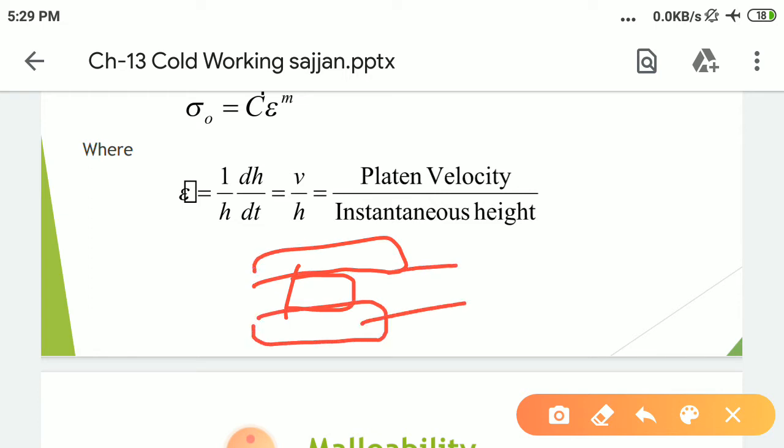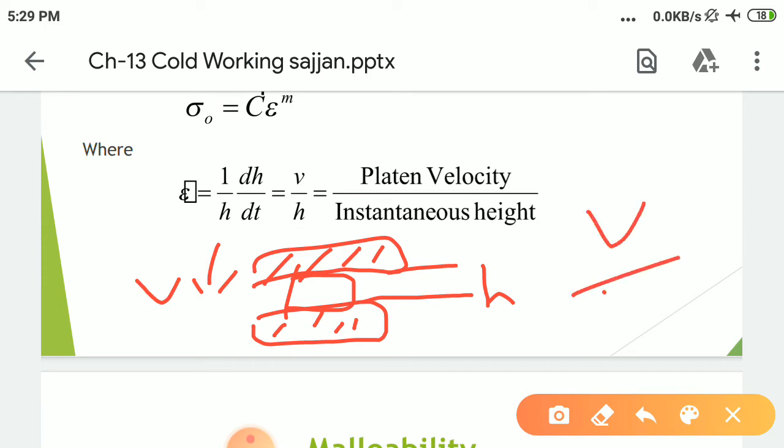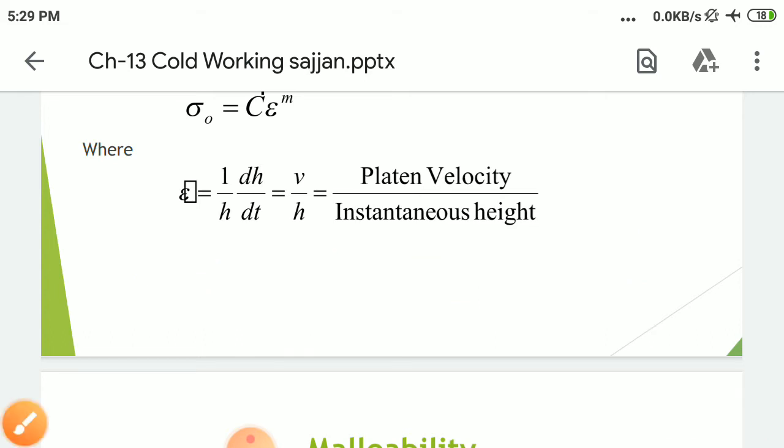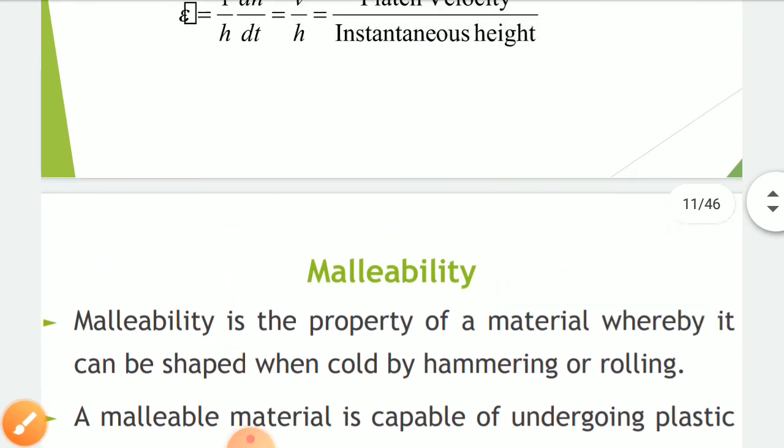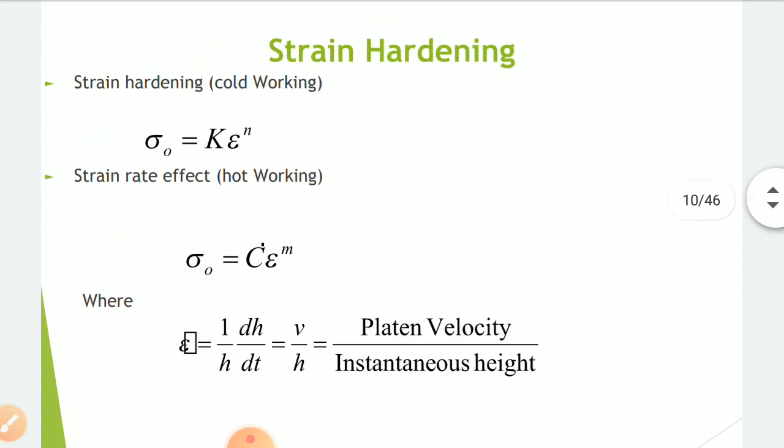The height is h, and this plate is coming down with velocity v. Now this v by h is known as the strain rate. So let's come to the next property. I have given you just an introduction about strain hardening. You must remember these formulas.